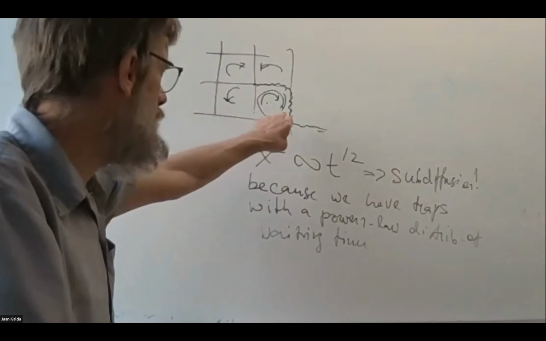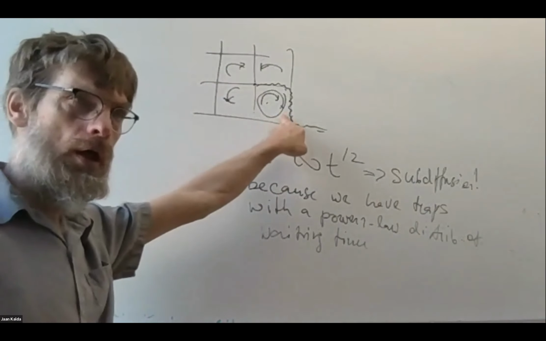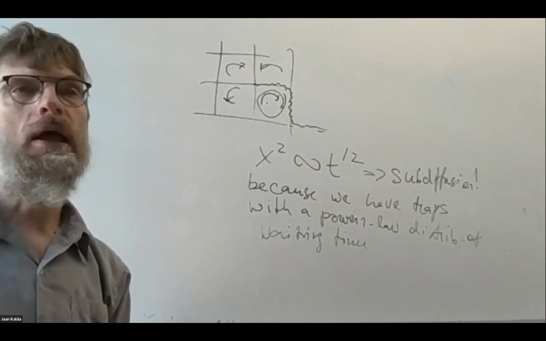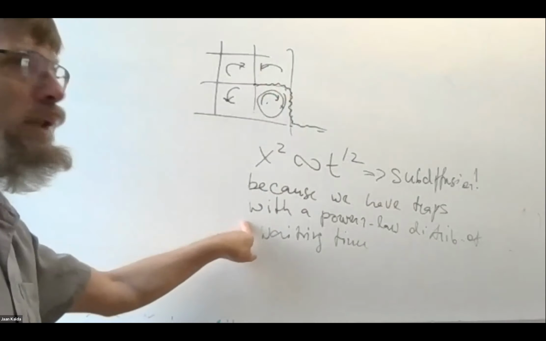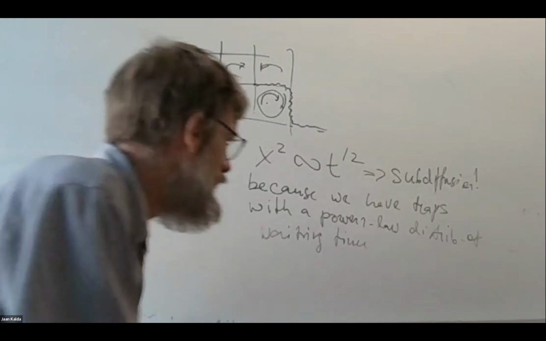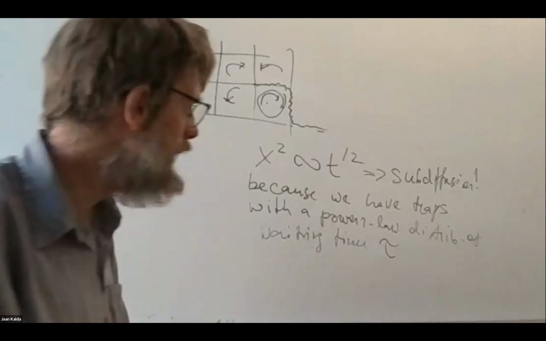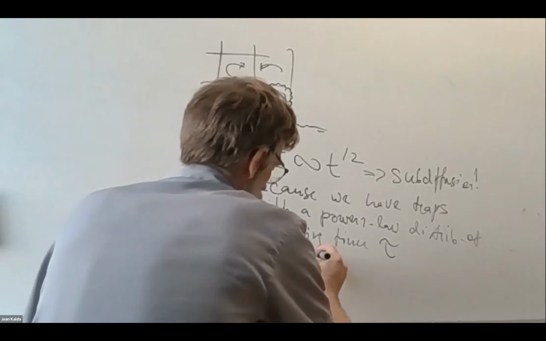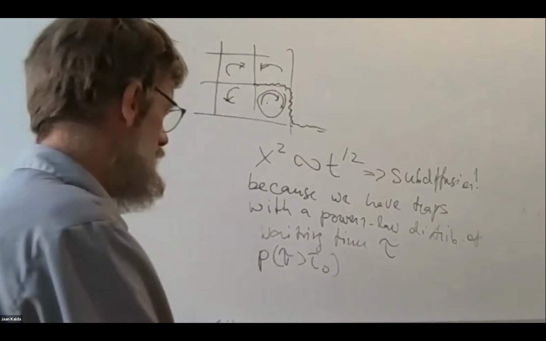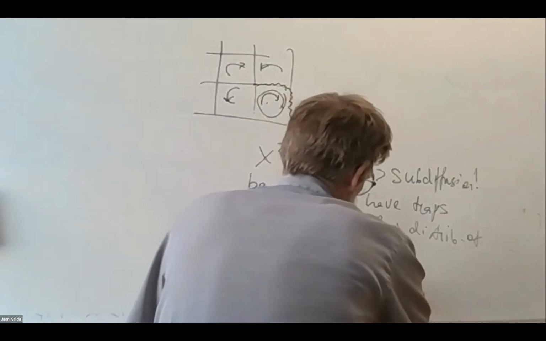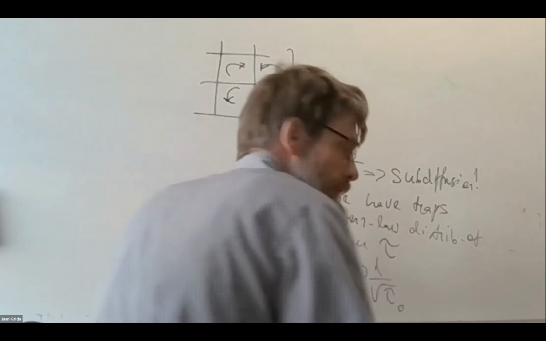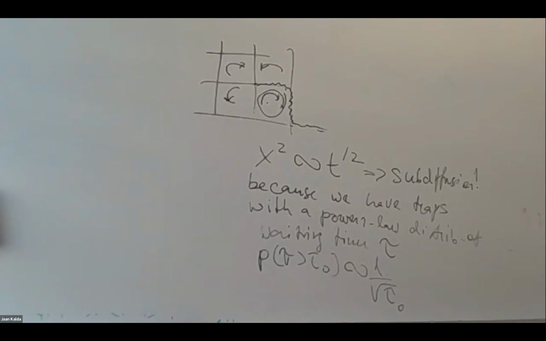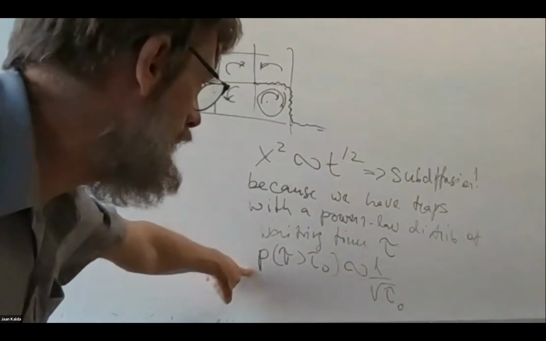Usually the probability to go out sooner is much bigger than the probability to be trapped here for a long time, and the probability goes down as the waiting time goes up. So the probability that tau is bigger than, let us say, a certain tau naught is something like proportional to 1 divided by the square root of tau naught. So we have a power law for the waiting time.